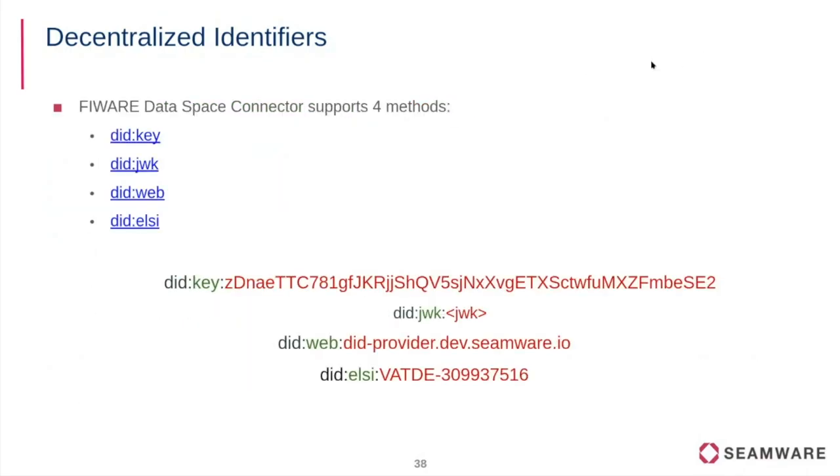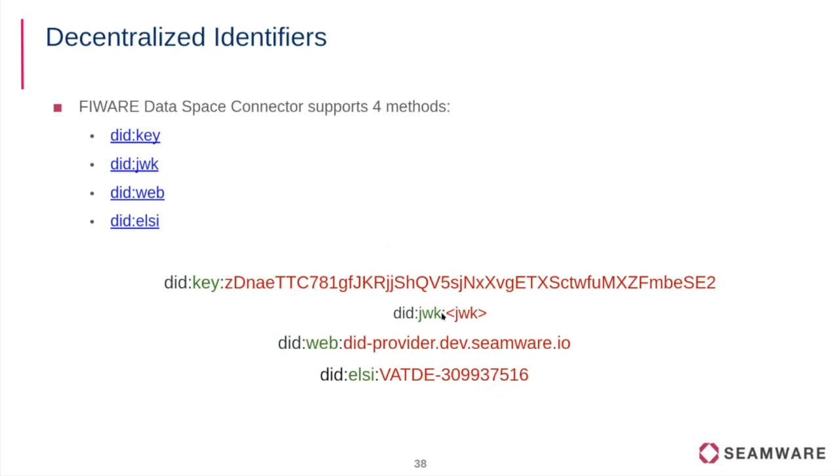Now, to have some examples of decentralized identifiers, in the Data Space Connector, we currently support 4 methods: the DID key, the DID JWK, the DID web, and the DID ELSI. They all look like that. I will give more detail into that. So a DID key consists of the DID prefix, then we have the method name, which is key, and then we have the public key associated with the DID.